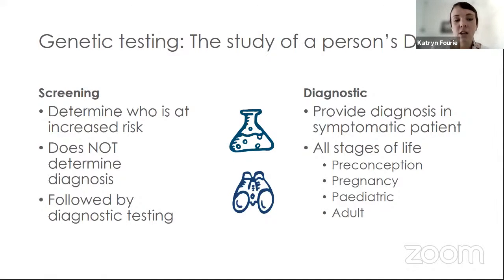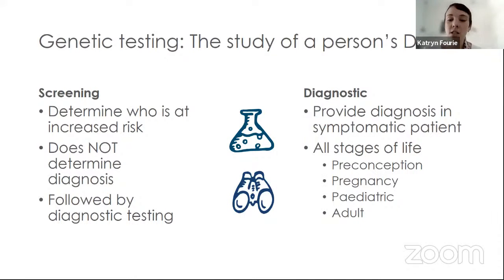It doesn't give a diagnosis, but it guides your diagnostic testing. So if a baby, for example, screens high risk for cystic fibrosis, they would then go on to do molecular CF testing and get a diagnosis. So it streamlines things so that you don't have to do diagnostic testing on everyone without knowing if they actually are at risk.